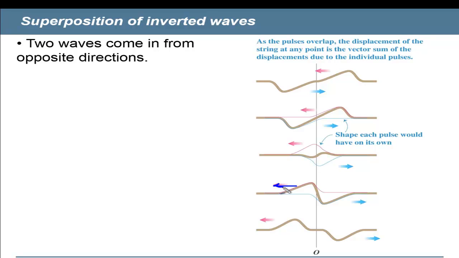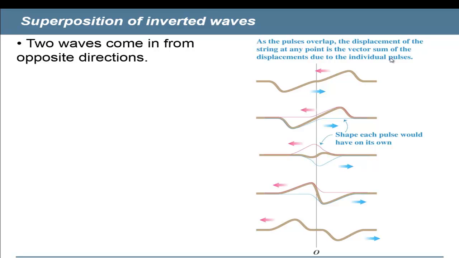And so then they continue to move along. This wave moves to the left, this one moves to the right, and then they continue to have the same shape that they had before colliding, if you will. But at the point at which they collide, the amplitude is much less.